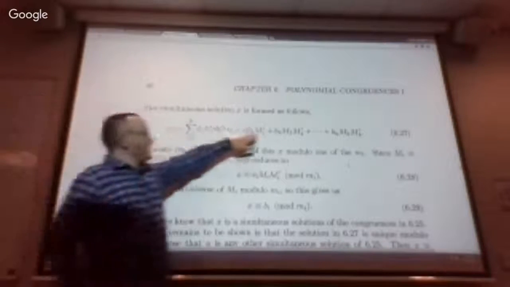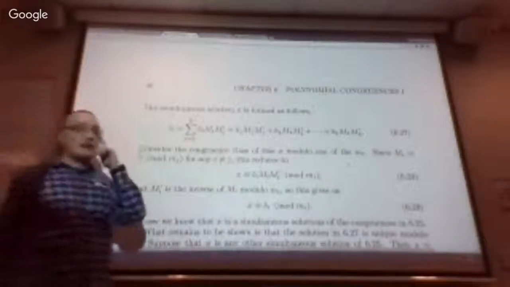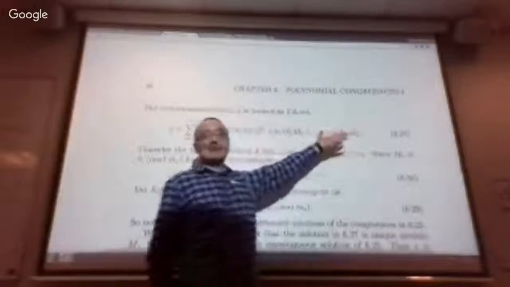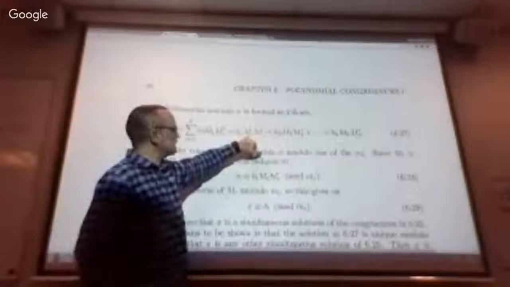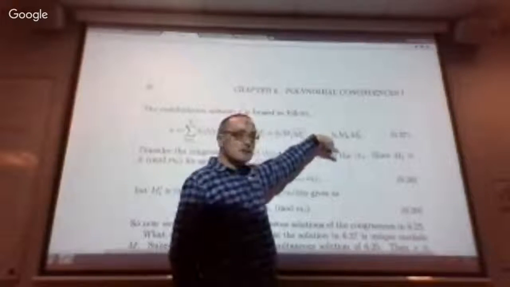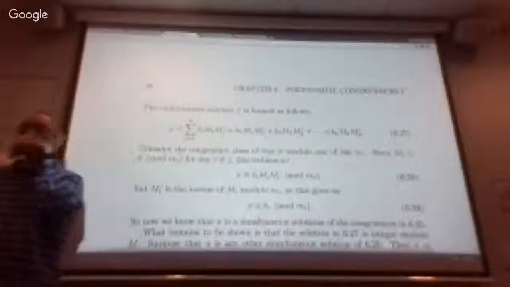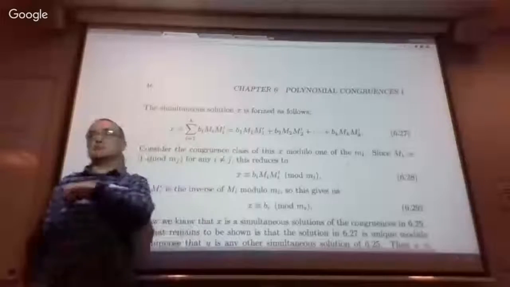Okay. And we described how when you see x as that big summation, and you consider x modulo any of the little mi, say modulo little m2, well, you see there's a factor of little m2 in every capital M except this one. Capital M1, capital M3, capital M4, all the way to capital MK. All of those have a factor of little m2, so they're all congruent to 0 modulo little m2.